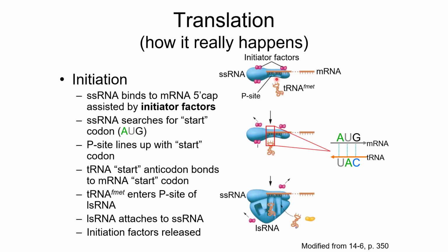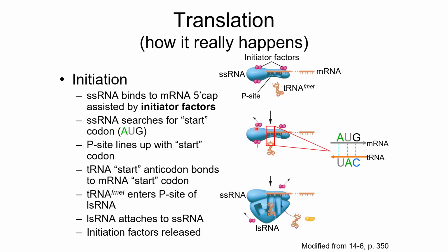Initiation begins when initiation factors bind to our small subunit and help that subunit bind to the 5' 7-methylguanosine cap of our mRNA. Then the small subunit is going to start to scan or search our mRNA looking for our start codon so that it gets the correct reading frame.